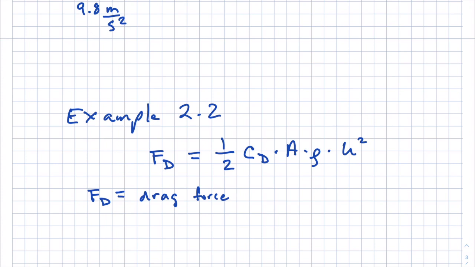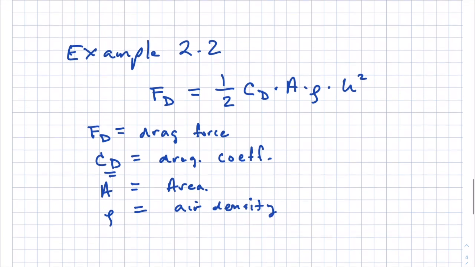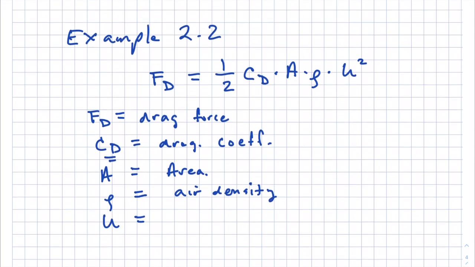CD is the drag coefficient. I know this is sounding hard, but really we're just looking at the dimensions of these things. A is the cross-sectional area of the front of the body that's moving through the air. Rho is the air density, and U is the upstream air velocity.